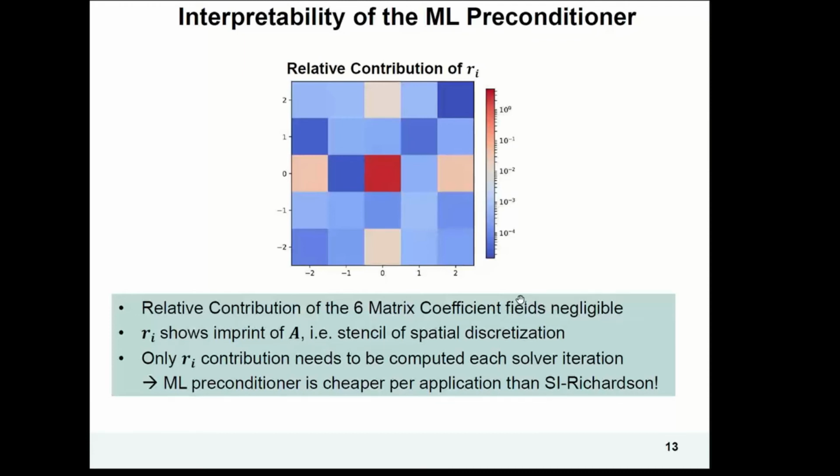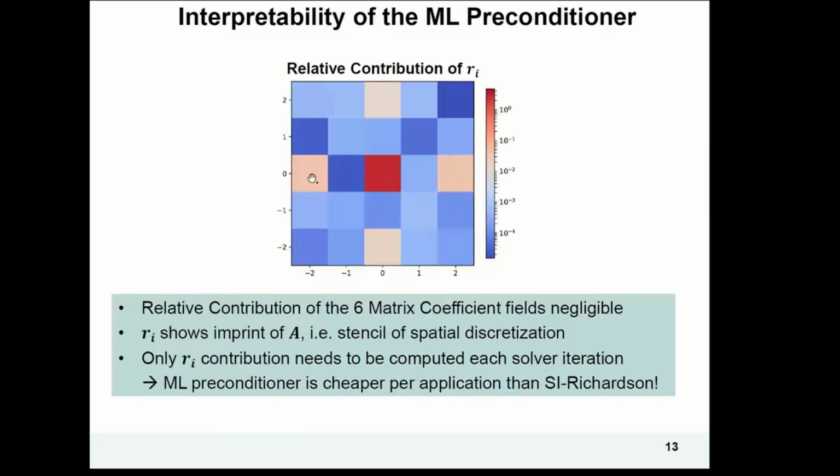So there's no relative contribution coming from these. And what we see is the imprint of the system matrix A. You can see these 5 points, and this is basically your spatial discretization showing up again.